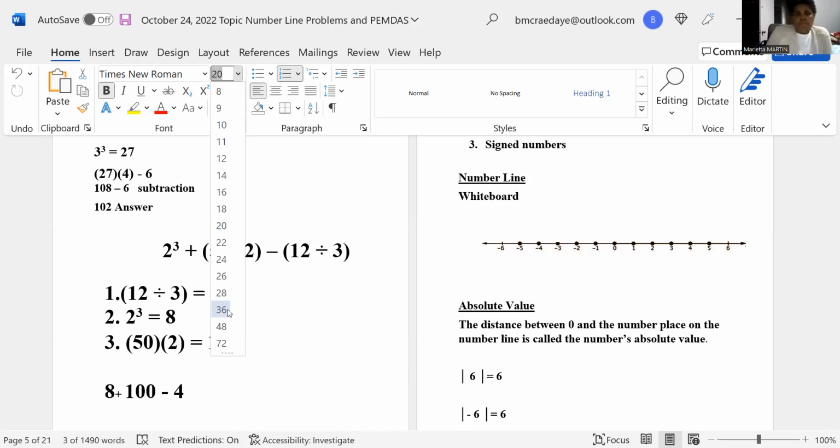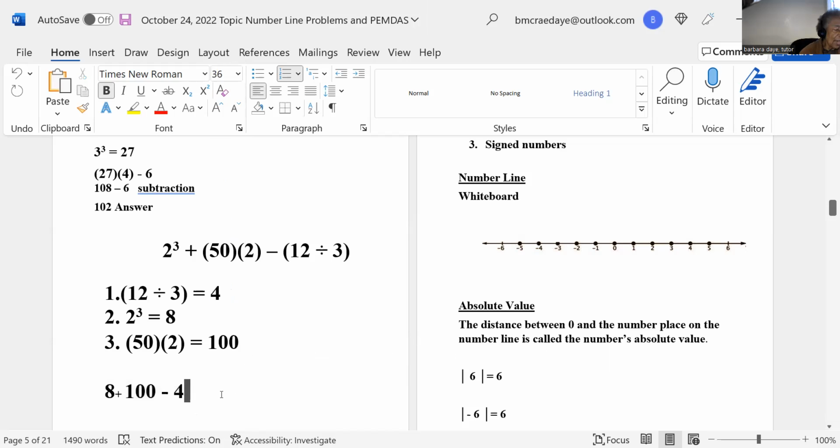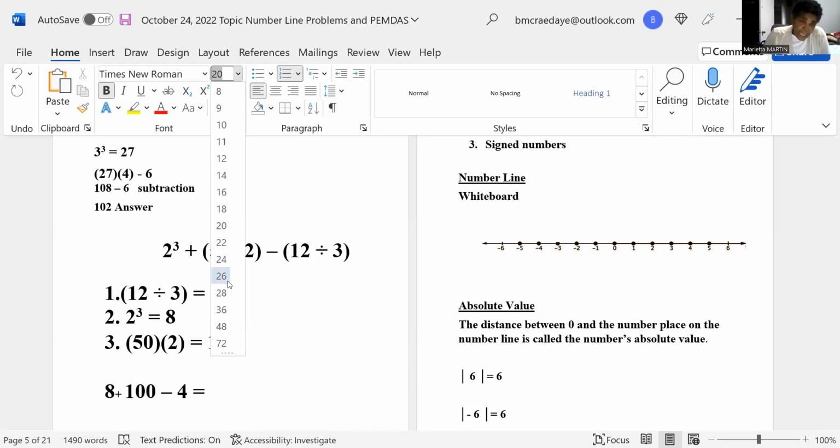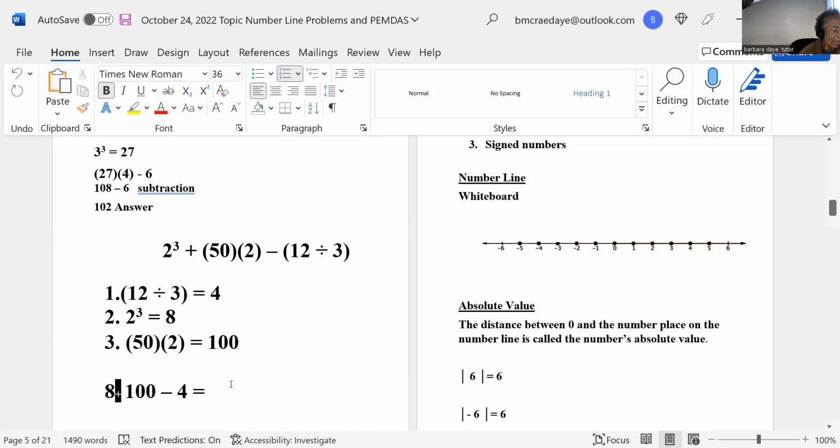Okay, now what is that equal to? No, that's a plus now. 100 plus 8 is 108. That's right.